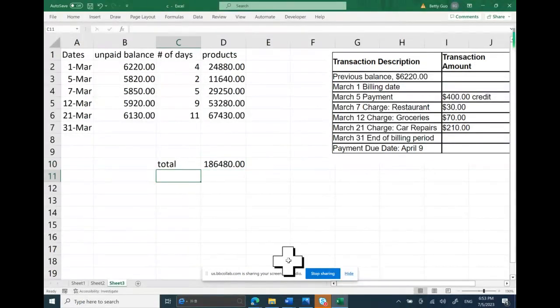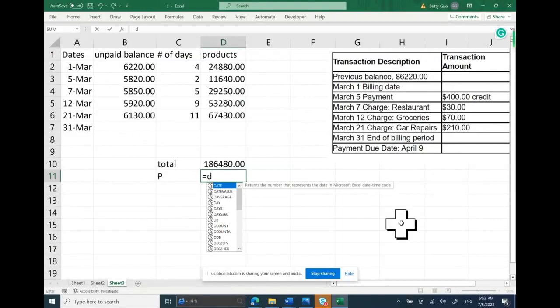And now you are going to find our average daily balance. Very, very important concept. Simply divide the sum by how many days we have in that month, 31 days.